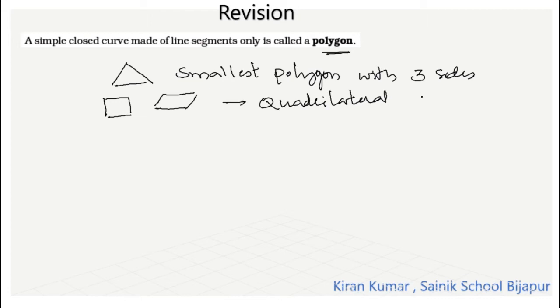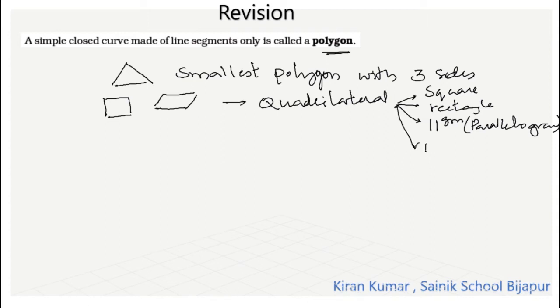The types are square, rectangle, parallelogram, rhombus, trapezium, and kite. In detail, we will be learning about these quadrilaterals in class 9th.